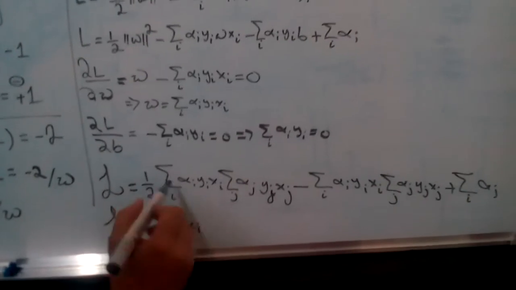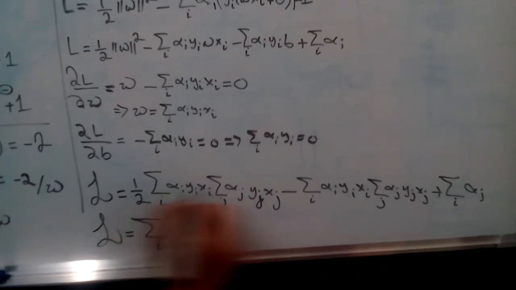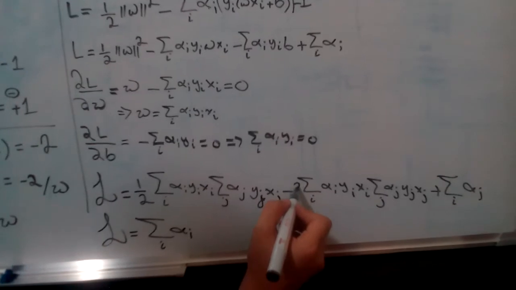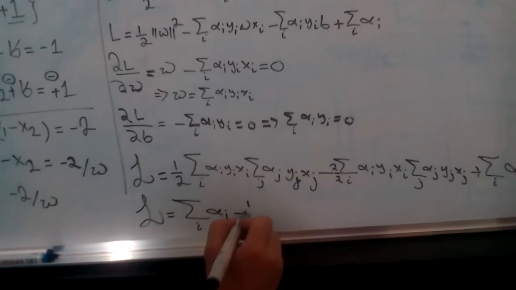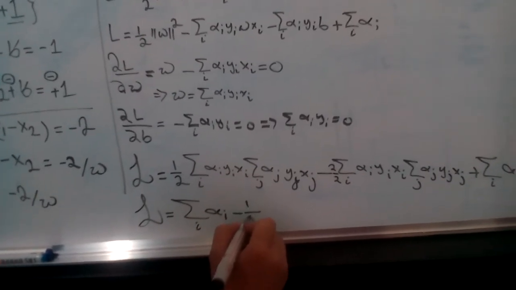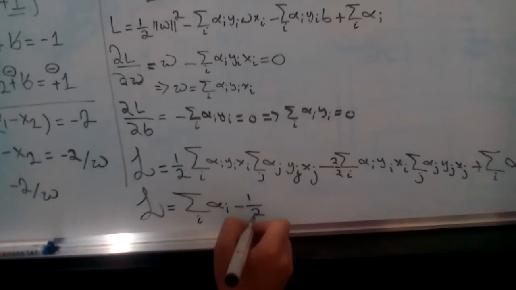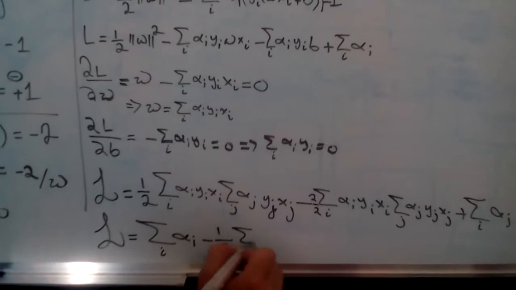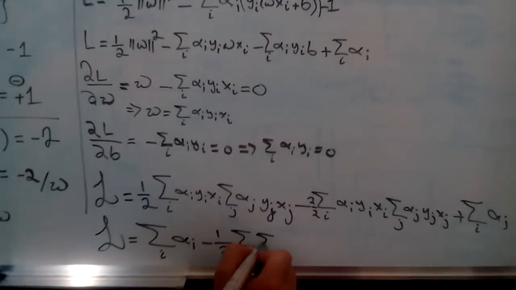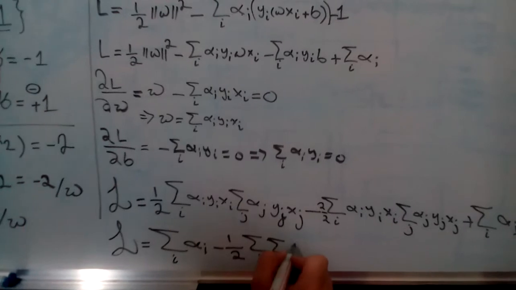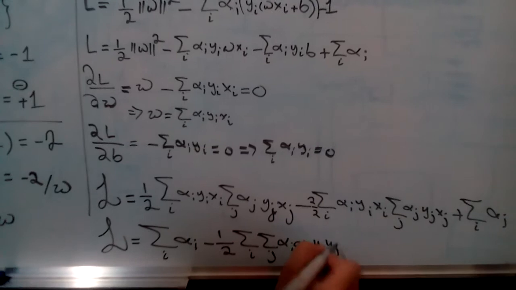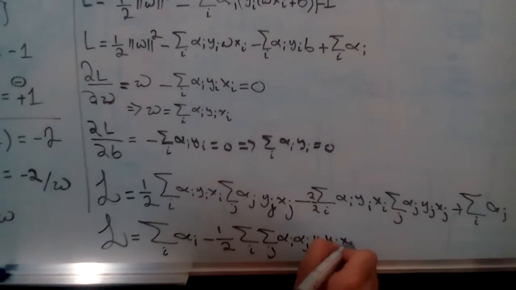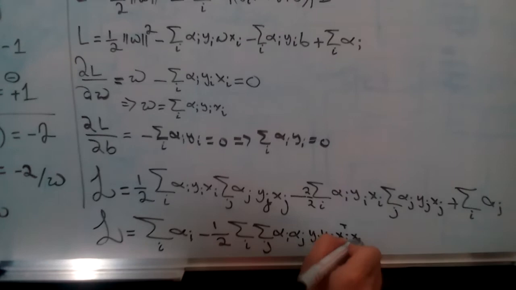Now note here that these two factors are similar. It's the same, like 1 over 2 and 1 over 2. 1 minus 2 is minus 1. So this becomes minus 1 over 2. Now let's combine these two summations: sum over i, sum over j, alpha i, alpha j, yi, yj, xi transpose xj.